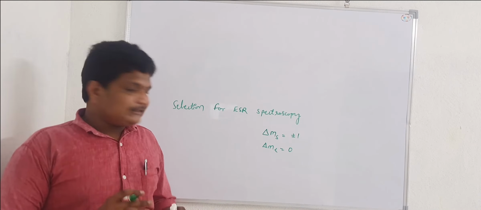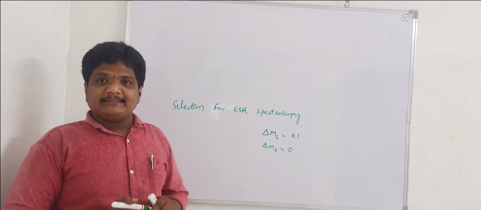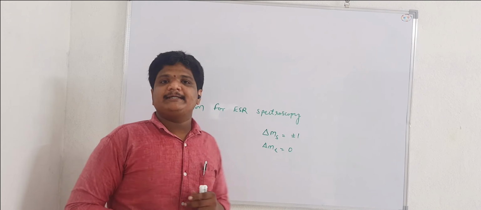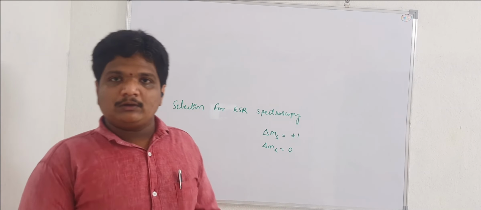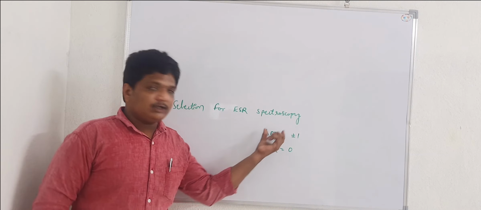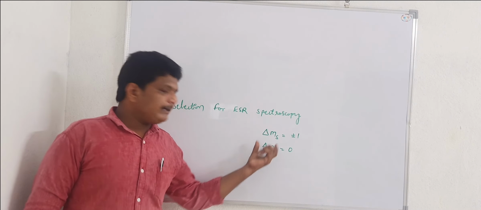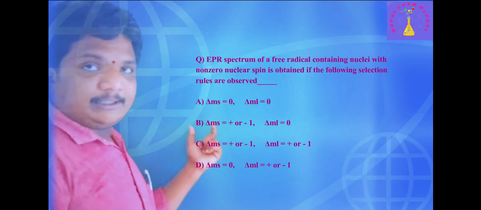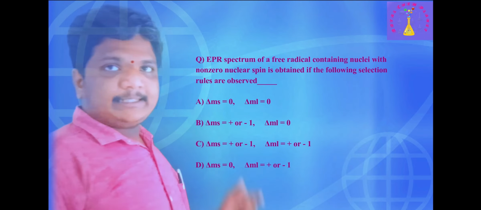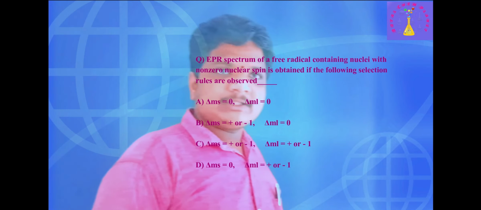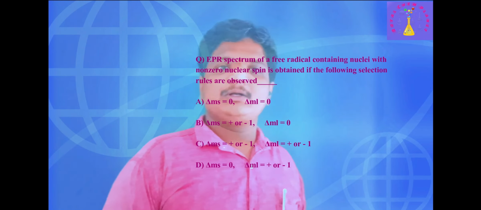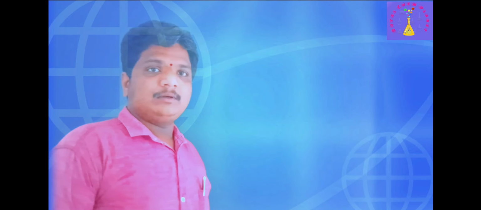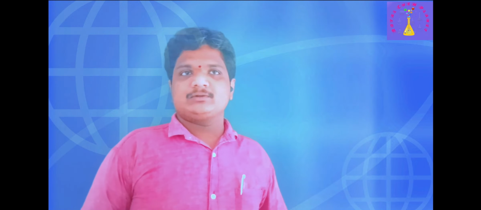So this is the selection rule for ESR spectroscopy. Here delta ms is equal to plus or minus 1 and delta ml is equal to 0. Now here the correct option is B, that is delta ms is equal to plus or minus 1 and delta ml is equal to 0. Now let us move on to the next question.